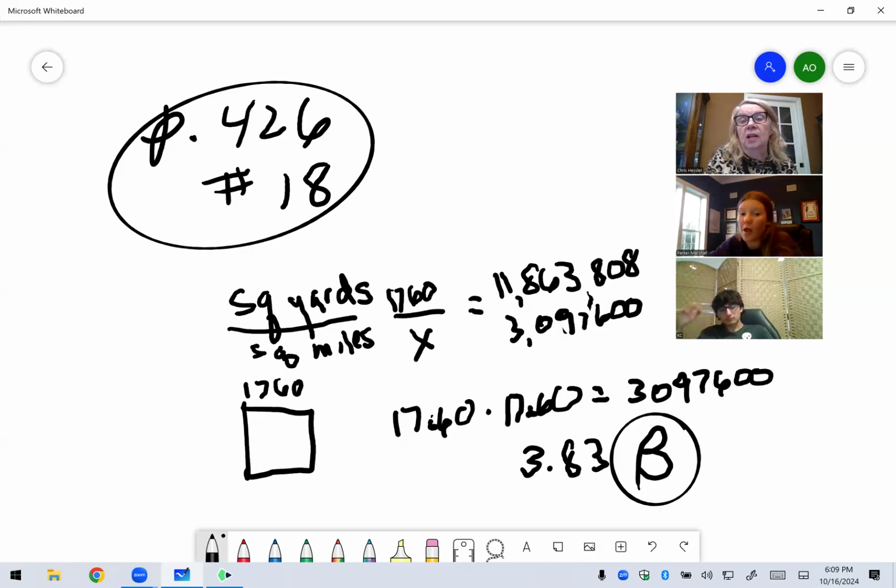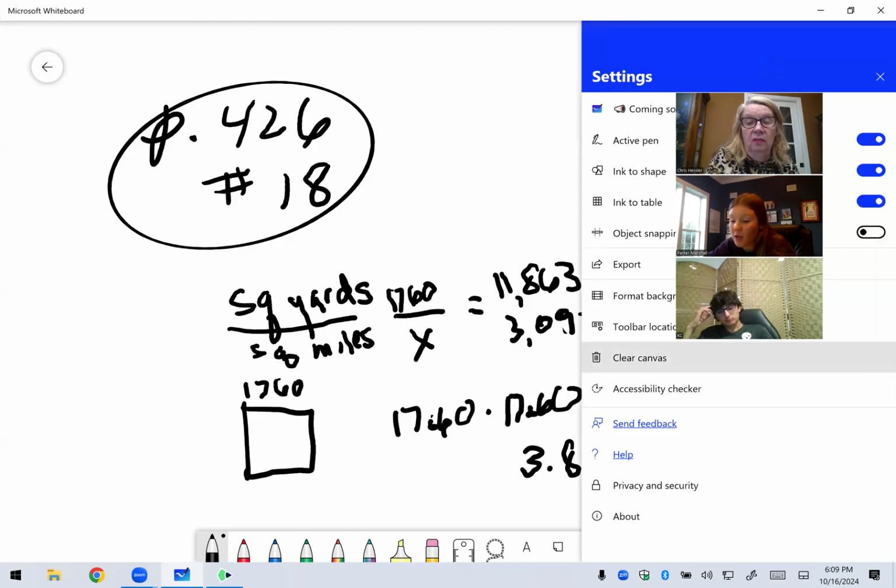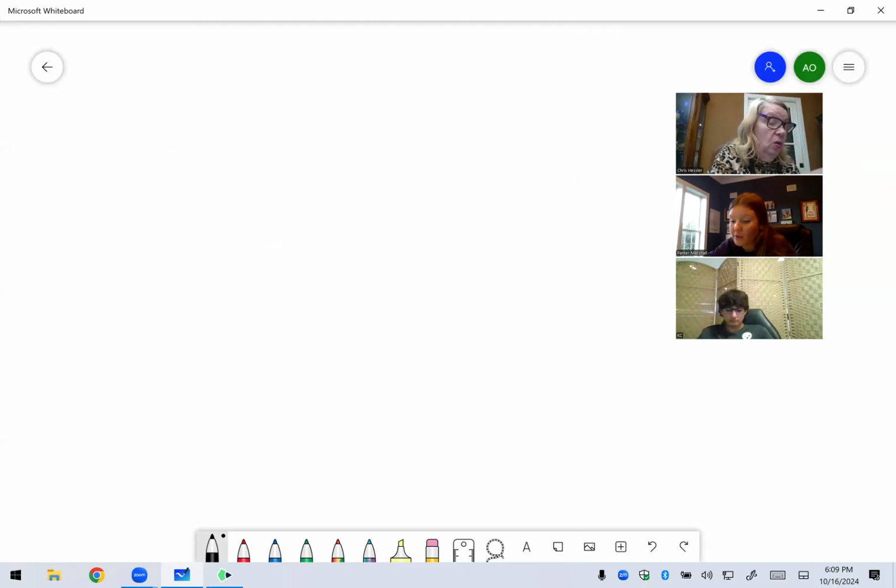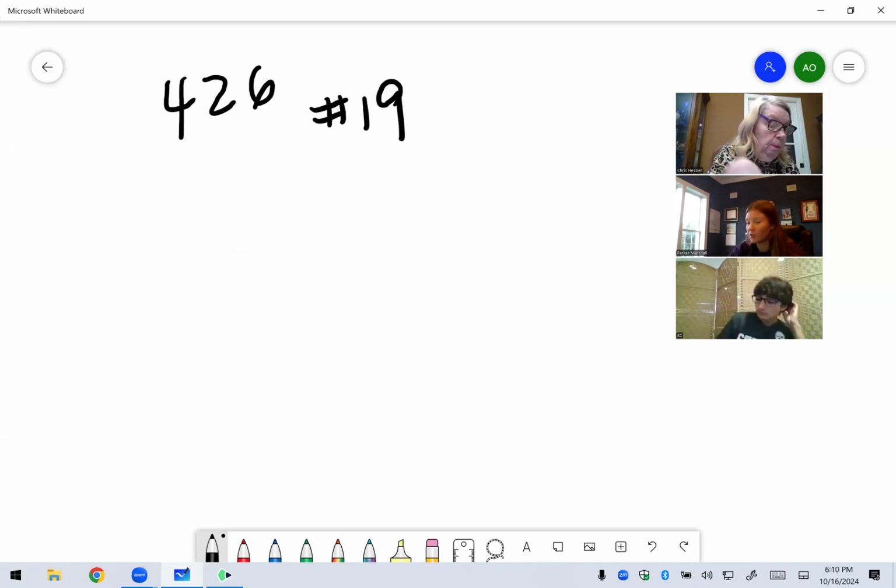So let's try 19 with Jim's help, because it's hard for me to explain it. Let's read the problem together. 1 gallon of paint will cover 220 square feet of a surface. So we're just going to do gallons to square feet.